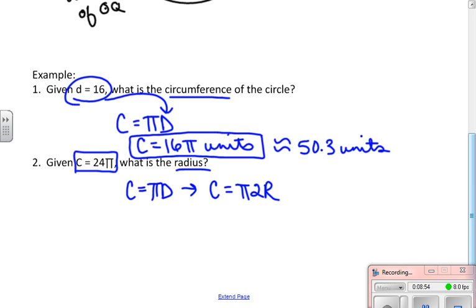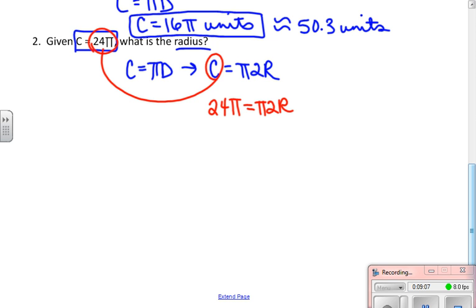Now if I just start substituting in what I know, replace circumference with 24 pi equals pi 2r, and I start doing some basic algebra. I have pi on both sides, so let's divide by pi. Pi and pi cancel.